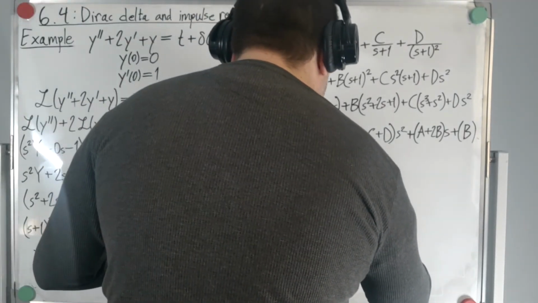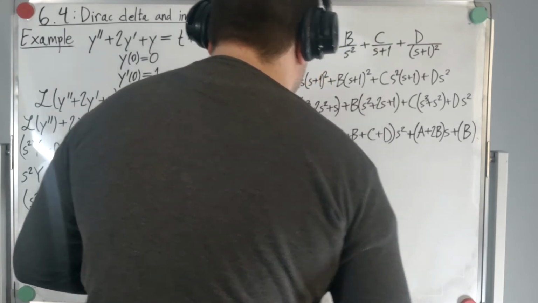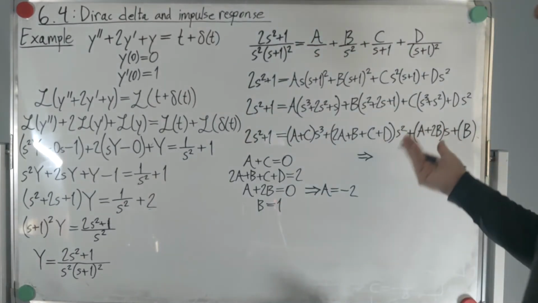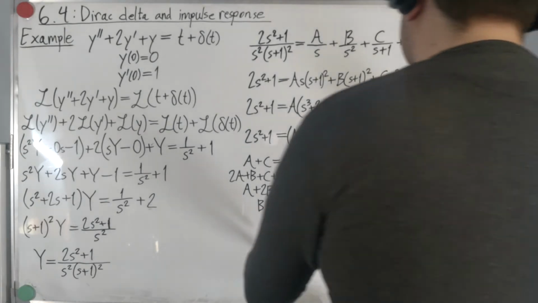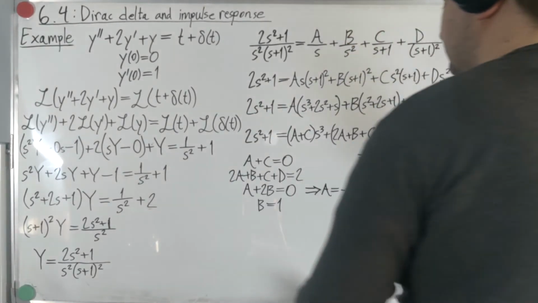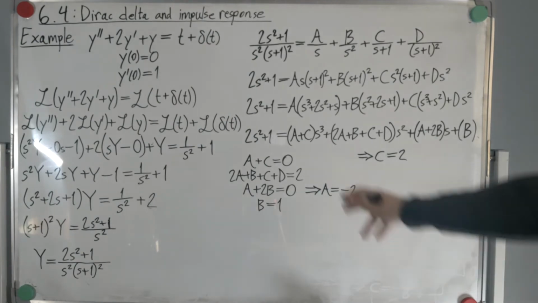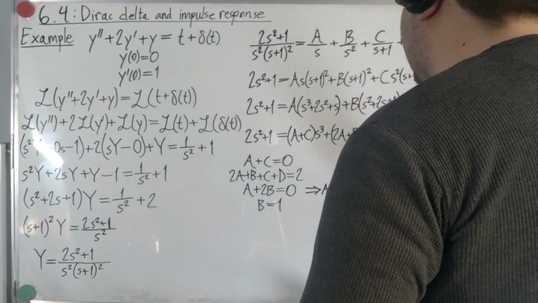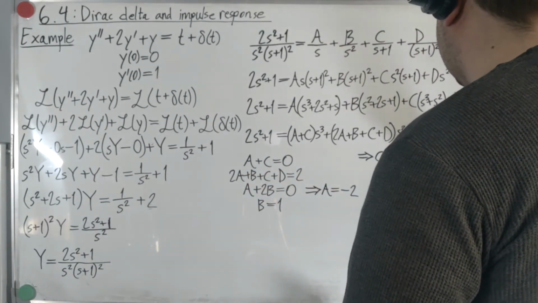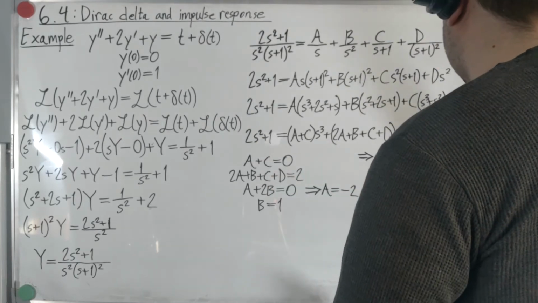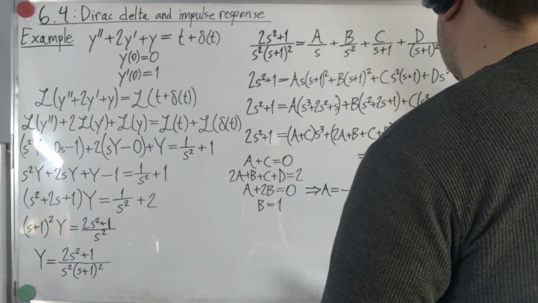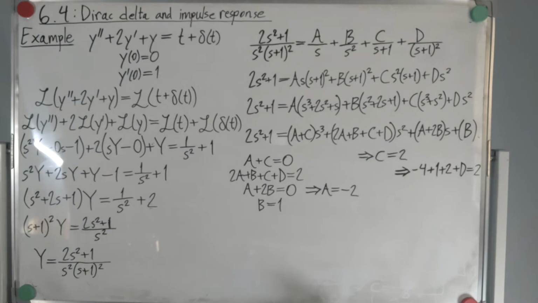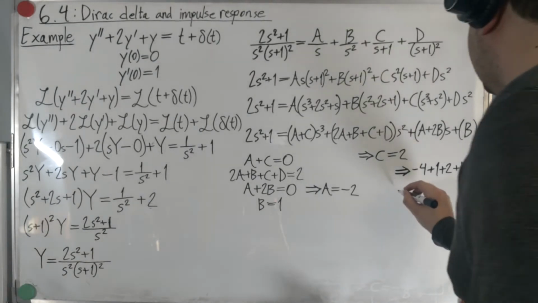In other words, A equals negative 2. If A is negative 2, then the first equation becomes negative 2 plus C equals 0, which makes it pretty clear that C has to be 2. And then the second equation becomes negative 4 plus 1 plus 2 plus D equals 2. And that means that D has to be negative 3.